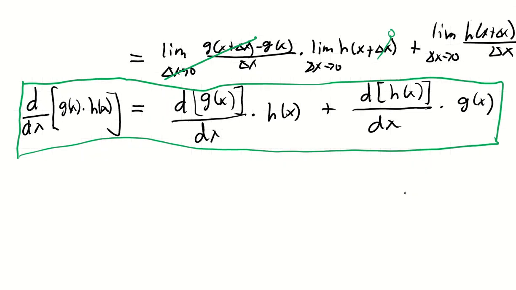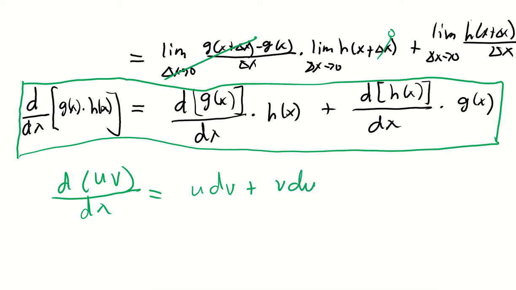Some books use, instead of g of x and h of x, u and v, so the derivative of u times v, where u and v are functions of x, will be u dv plus v du.